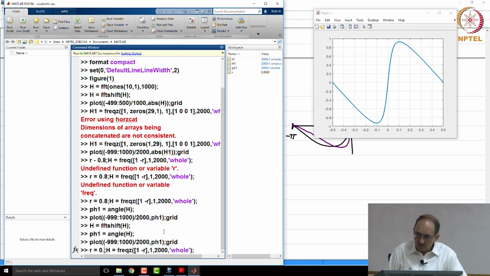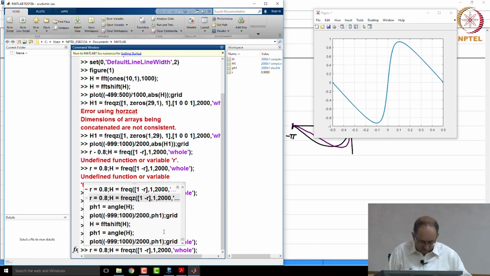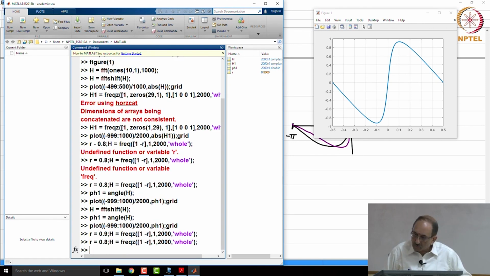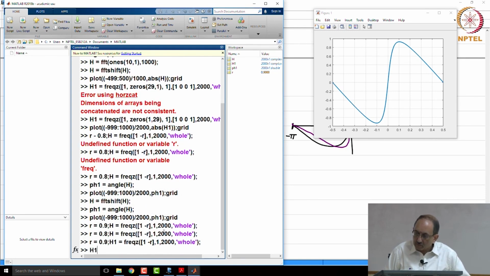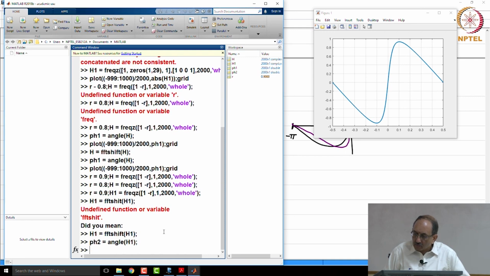Let us now make this 0.9. And then pH2 is angle H1, and then I have to plot pH2.